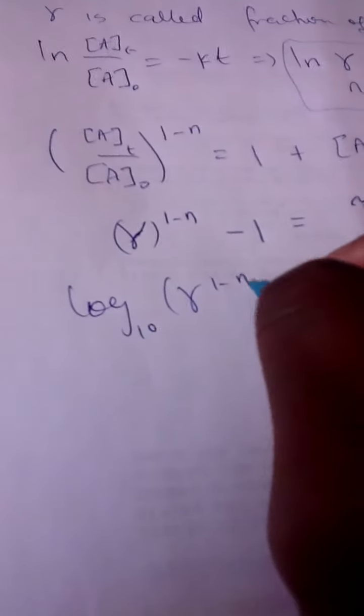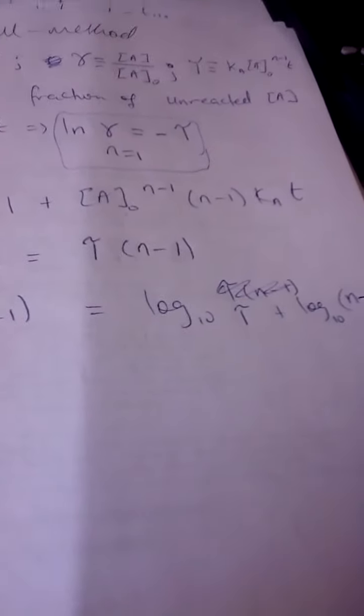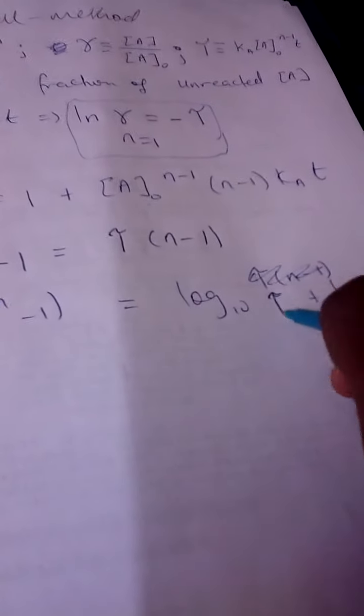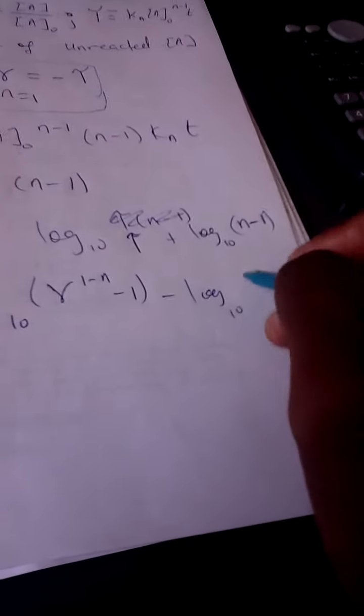So what I could do is log both sides. I would have log10 of lambda^(1-n) minus 1 equals log10 of (n-1) tau. I can separate this more: log10 tau equals log10 of (lambda^(1-n) - 1) minus log10 (n-1).